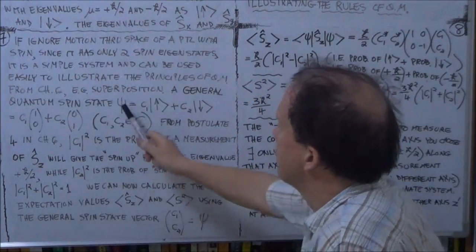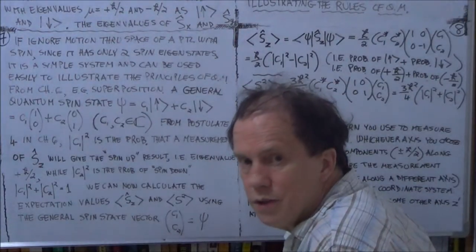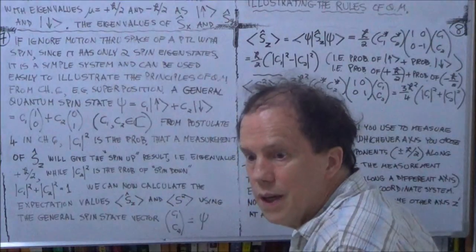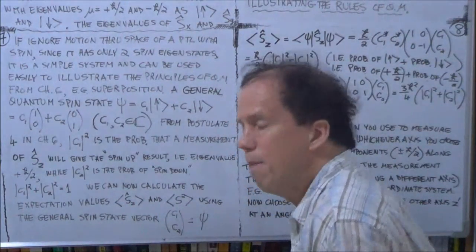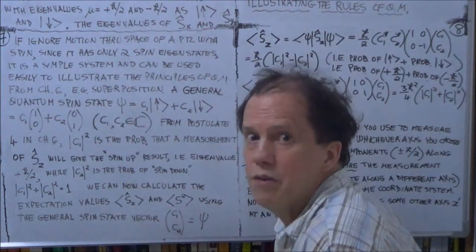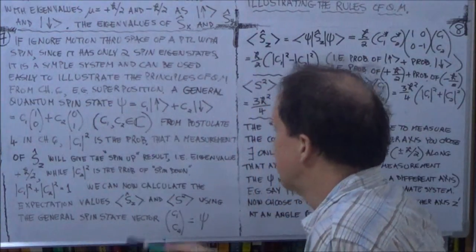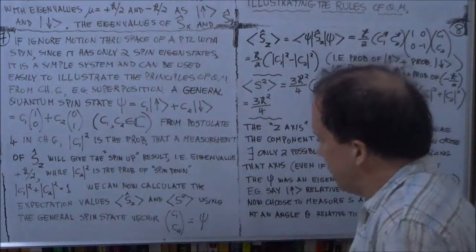So knowing this psi, we know the 2 by 2 spin matrices for S squared and S_z, the z component of the spin, S. So we can now find the expectation values, the average measured values. So let's do it for S_z and for S squared.